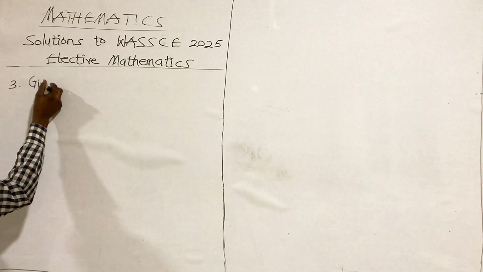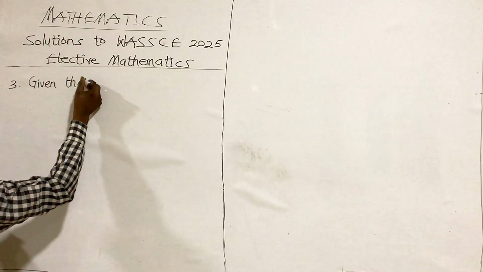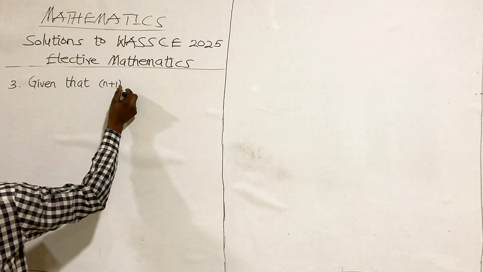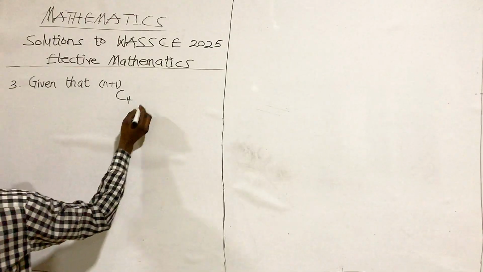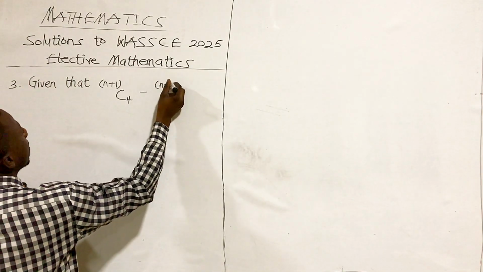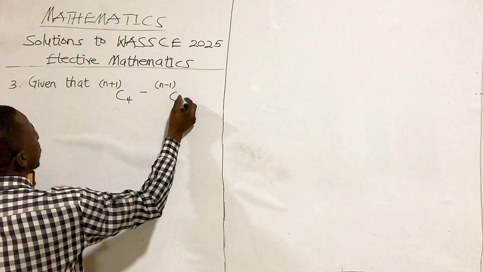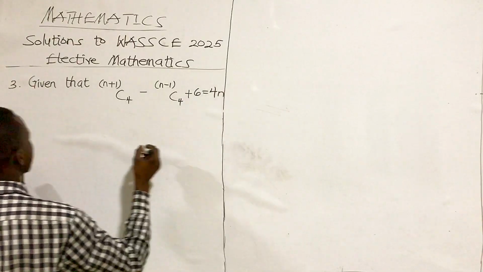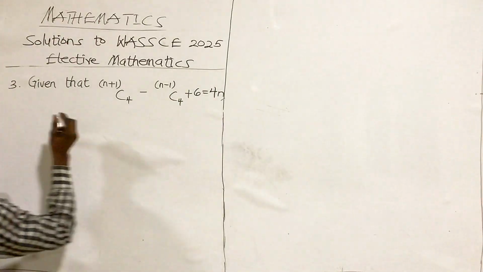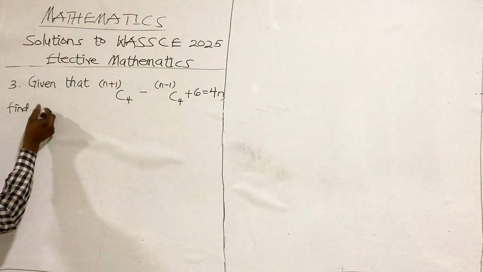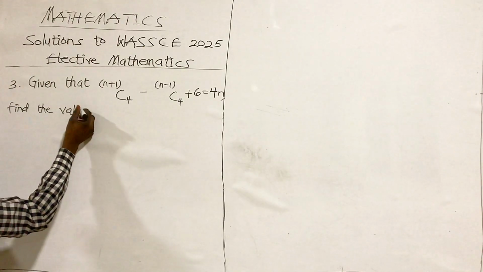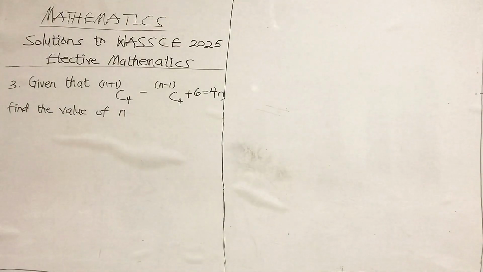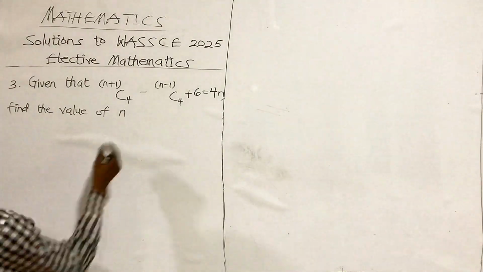Given that n plus 1 combination 4, minus n minus 1 combination 4, plus 6 is equal to 4n, find the value of n.